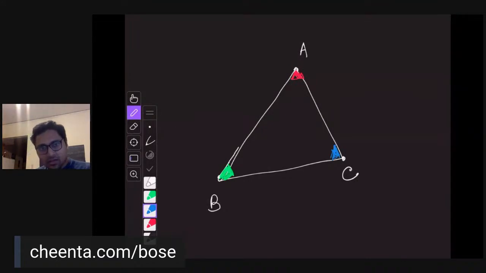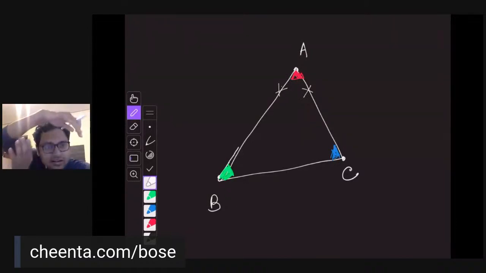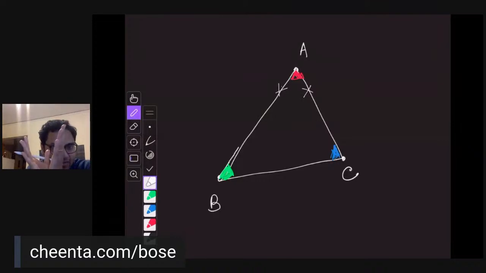Okay? So what it means is you take a scissor, you cut the angle A, and you put it beside B. You cut a little portion of angle A, and you turn it and you place it beside angle B. So you have something like this right here.